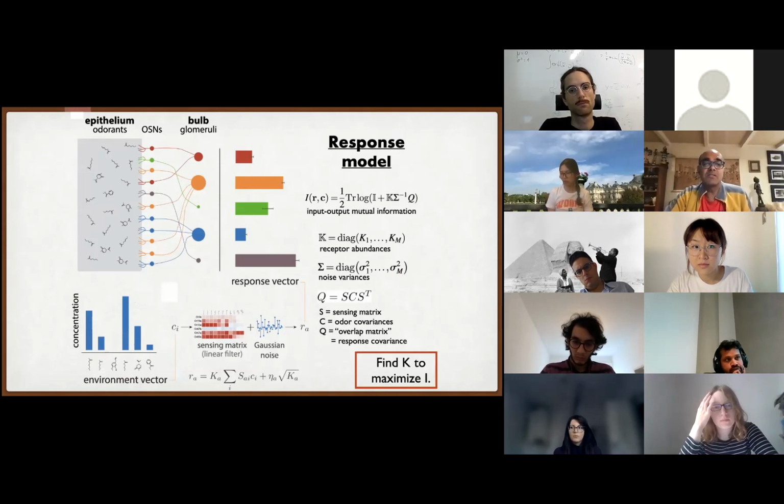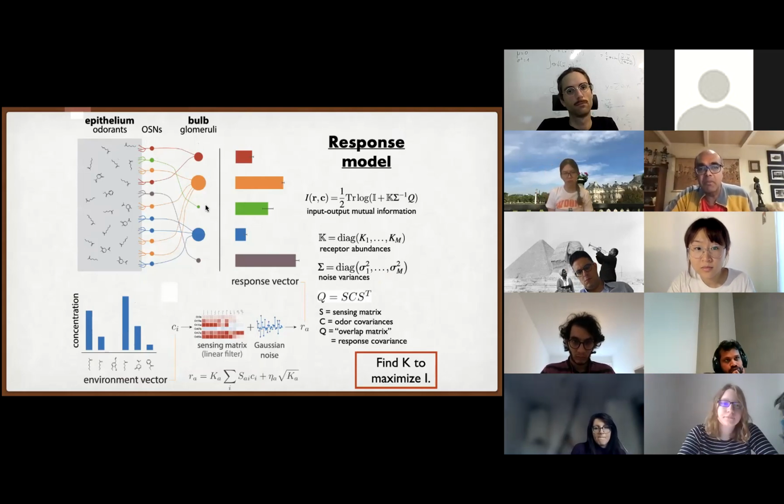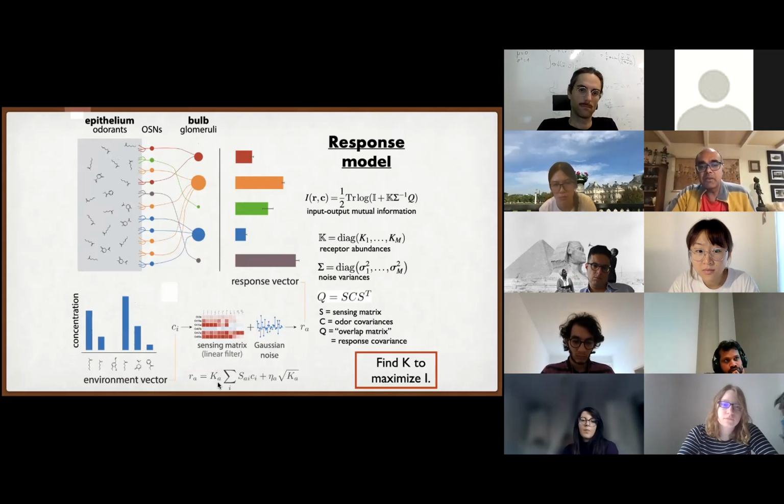Were I to write this out in detail, once again, here's the epithelium with the odorants. They go to the olfactory receptors. They get collected in the glomeruli. There's a response vector. In math speak, the response is the number of receptors times this response function, and then you get to add some noise to it.